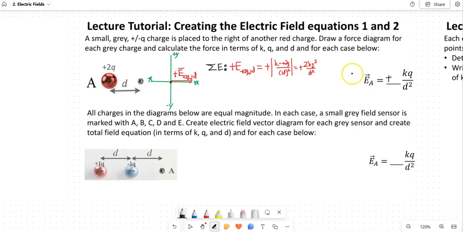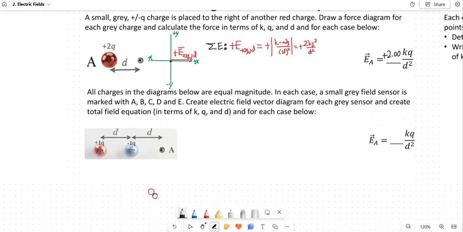Let me check. Yes, so we're going to round to the hundredth. So your first answer is going to be positive 2.00. That's the very first one. That's the very first page.